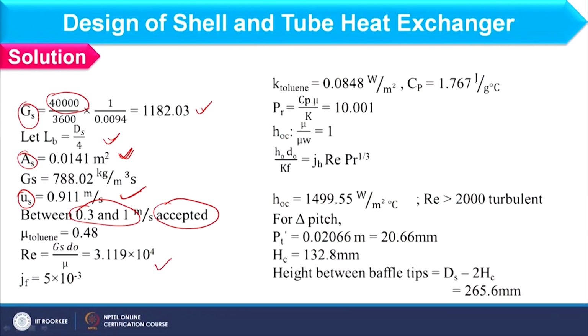Once you have the viscosity of toluene, you can find the Reynolds number, which comes out as 3.119 into 10 to the power 4, and corresponding to this we can find the JH factor. Depending upon the Reynolds number we find the JH factor, and further we can find the Prandtl number. It comes as 10.001, and we can ignore the viscosity correction factor.